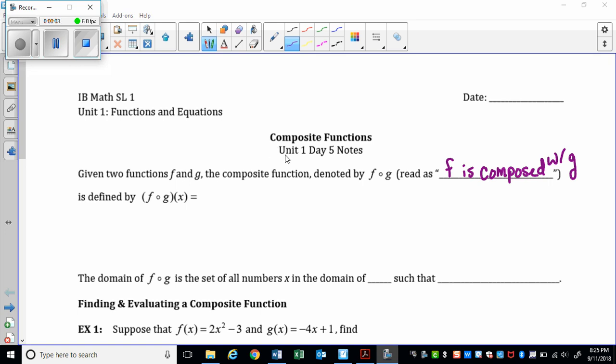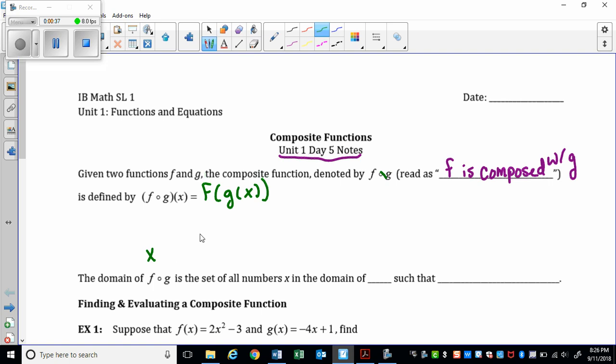Good morning. So we're going to go over Unit 1, Day 5 today, and it's going over composite functions. So it says given two functions f and g, the composite function denoted by f of g, or f is composed with g, is defined by f of g of x. This is when we start with x and we work our way out, so inside to out.